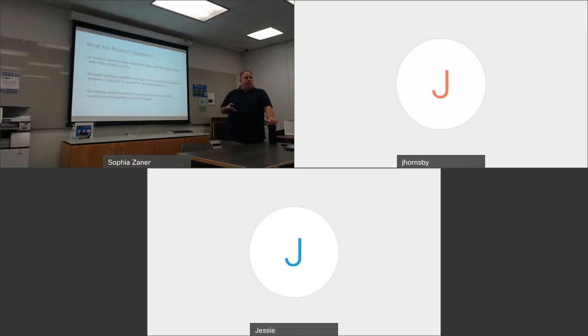You could have a study with 1, 2, 3, 4, 5 different research questions. And regardless of the type of design you do, establishing research questions is important. You want to let your readers know what you were trying to do with the study. Those questions provide a roadmap of where you're going.